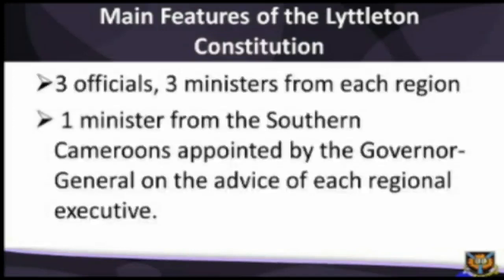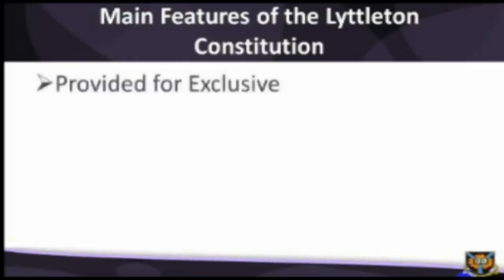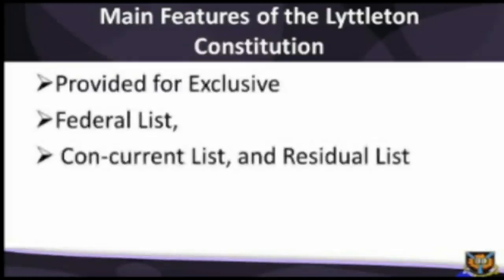All the members who were members of the House of Representatives were appointed by the Governor-General as suggested by the regional executives. The Constitution also provided for the executive federal list, concurrent list, and residual list.